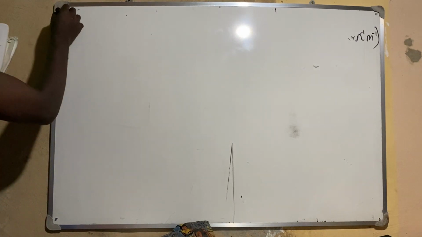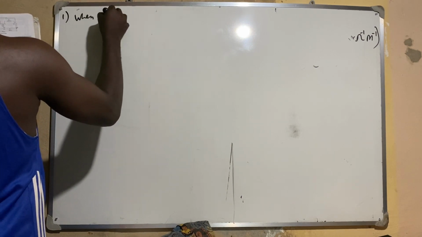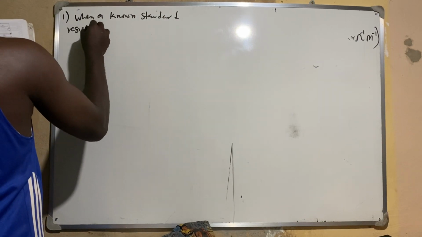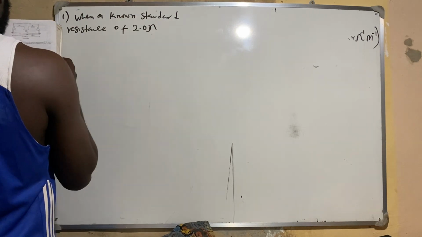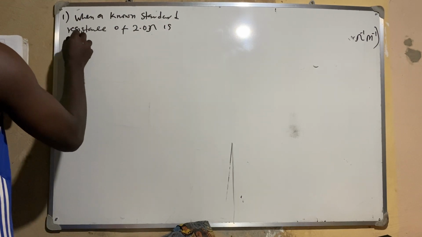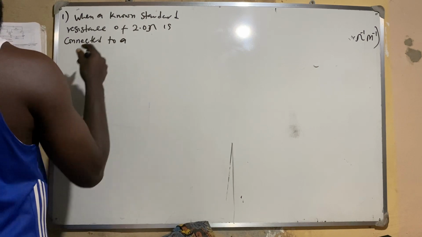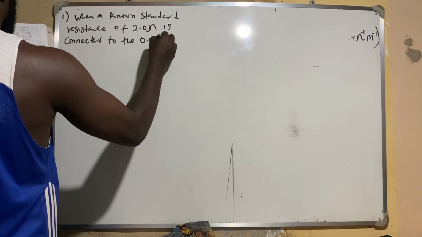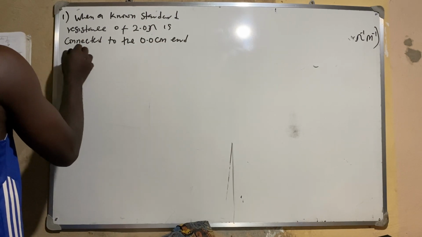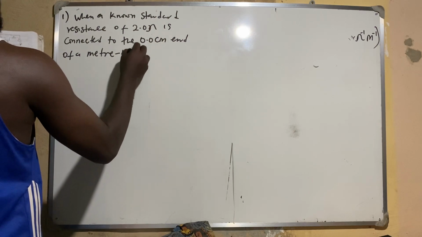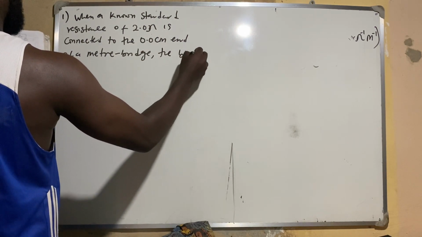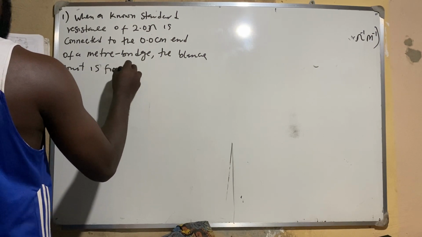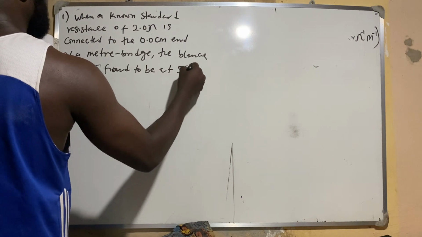The first question, number one, said, when a known standard resistance of 2.0 ohm is connected to the 0.0 cm end of a meter bridge, the balance point is found to be at the 55.0 cm.